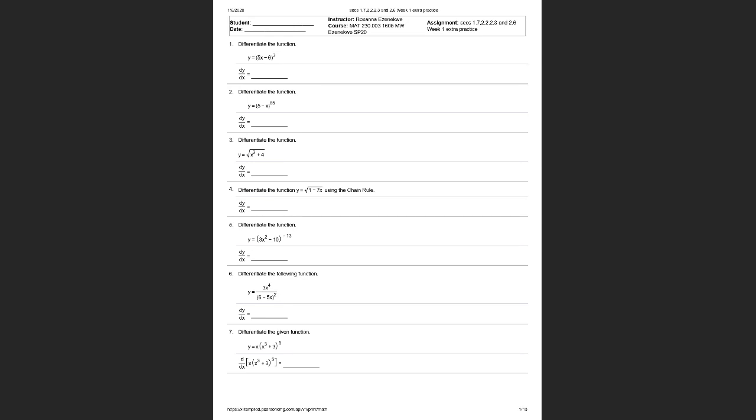Suppose I have y equal to u over v, then y prime is equal to, bring down the denominator, multiply by the derivative of the numerator, minus, bring down the numerator, multiply by the derivative of the denominator, all over the denominator squared.